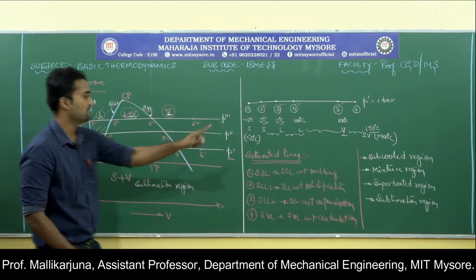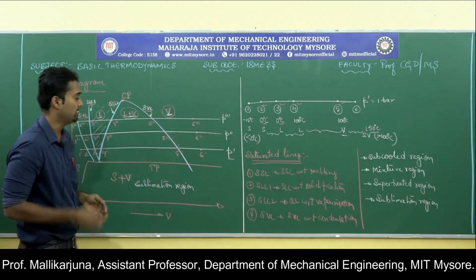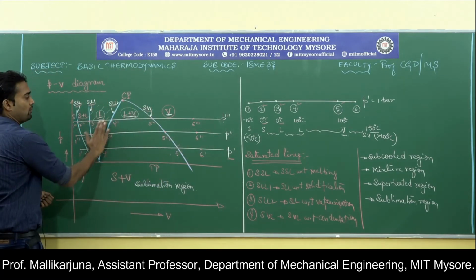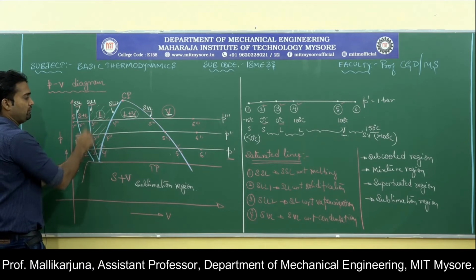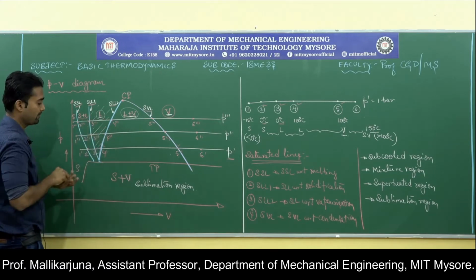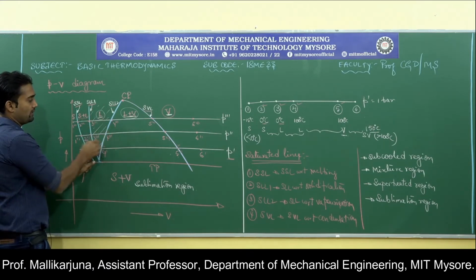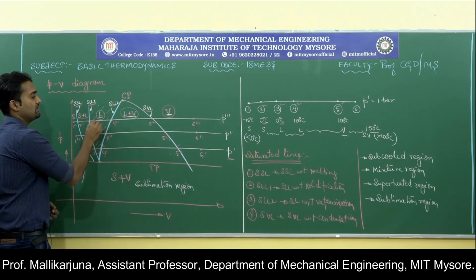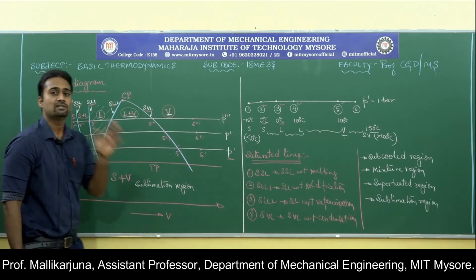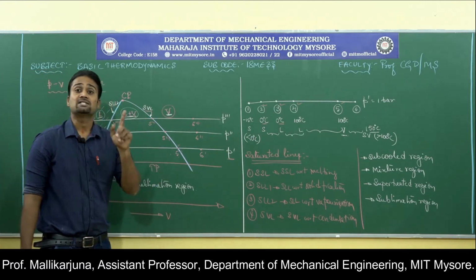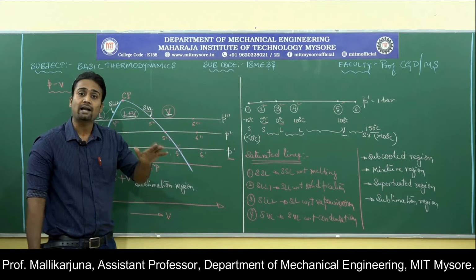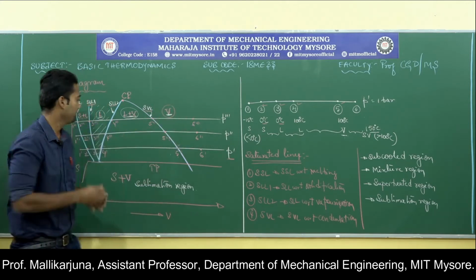Now let us look onto the subcooled region. What is happening in the subcooled region? This portion is the subcooled region. In this portion, please look onto the temperature. Irrespective of the pressure, inside this region, the temperature of a substance is less than the saturation temperature of that substance at that particular pressure.